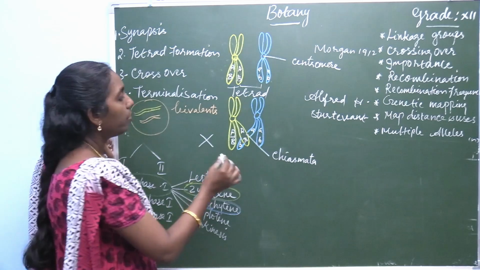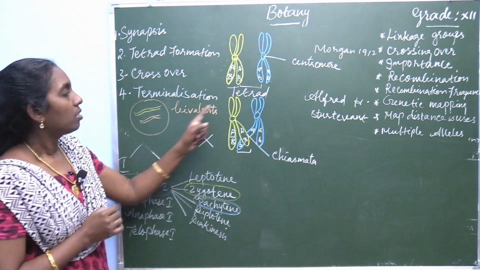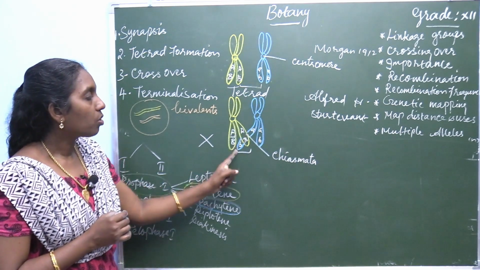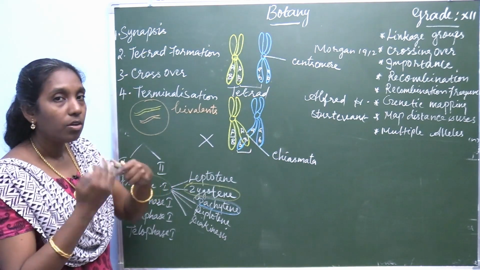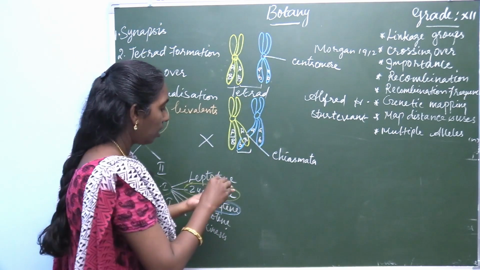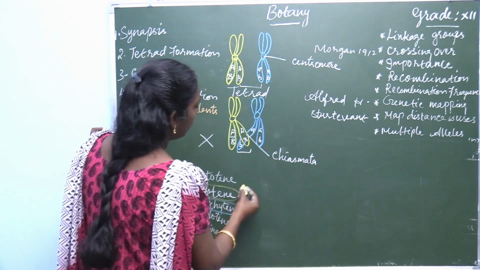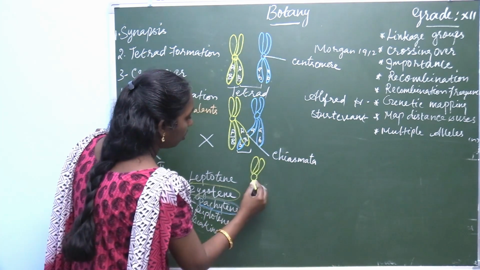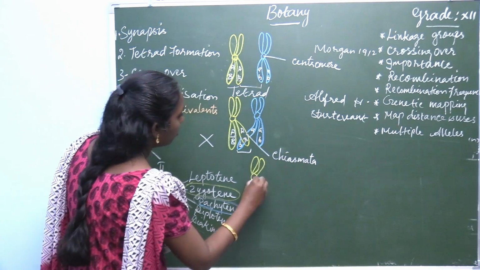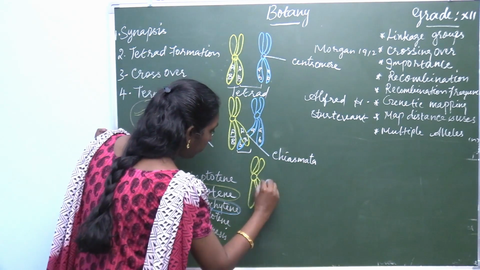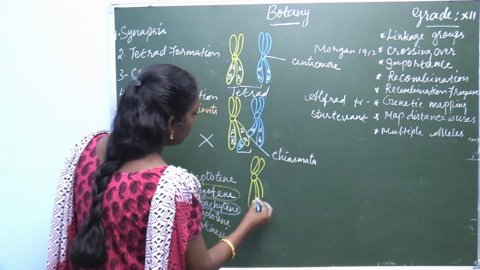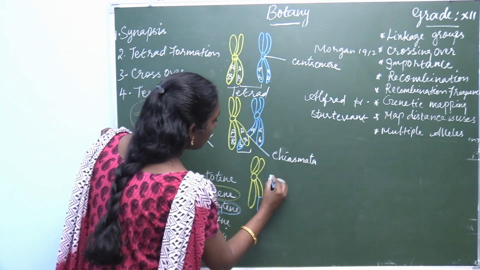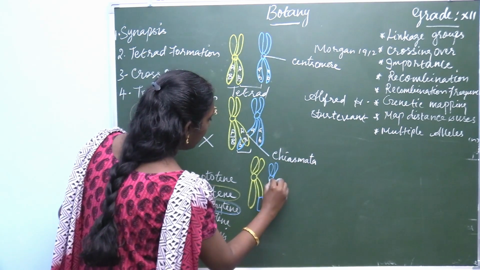As a result, it produces recombinant genes. This one is related to the parental one, and this also relates to the parent. But when crossover takes place, segments are exchanged. Here it is normal, this also normal, but here it produces half from this.